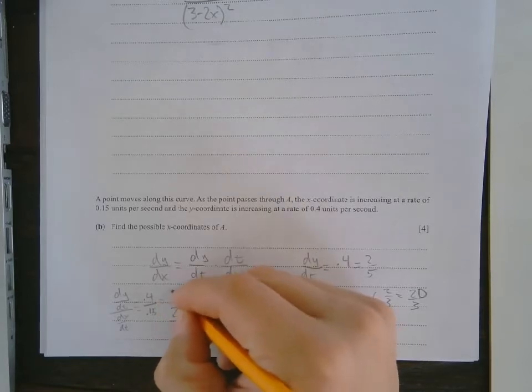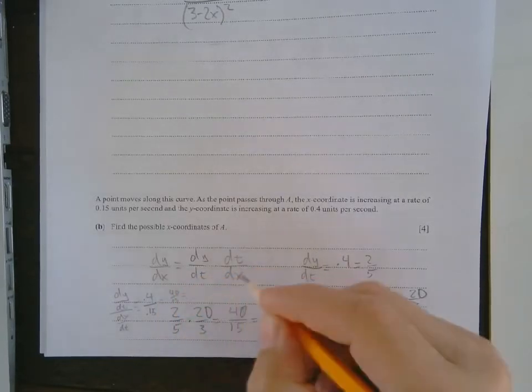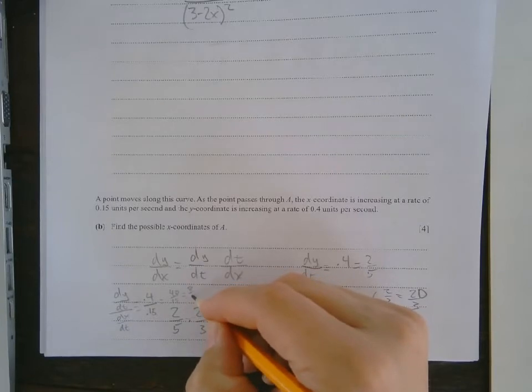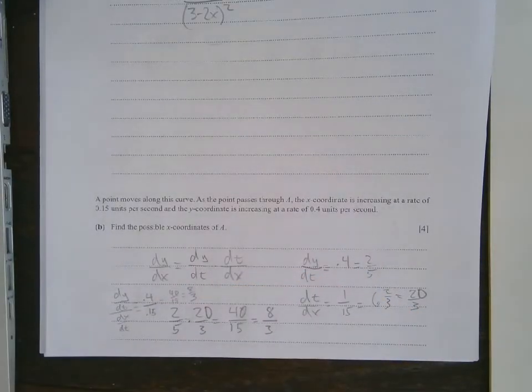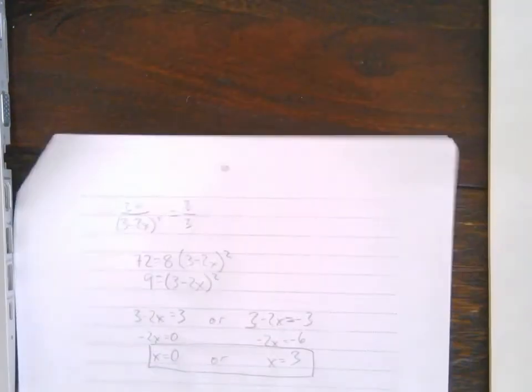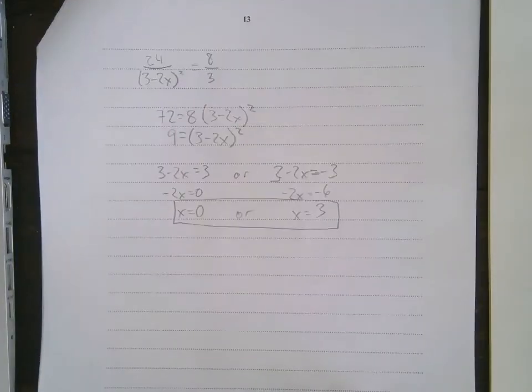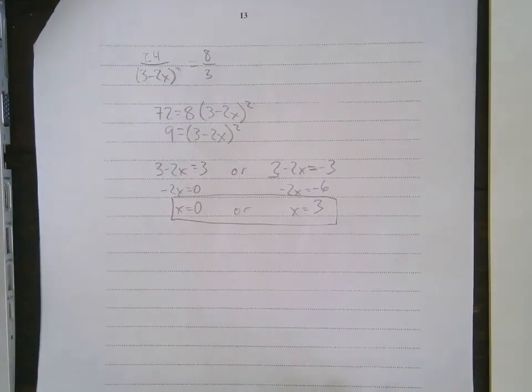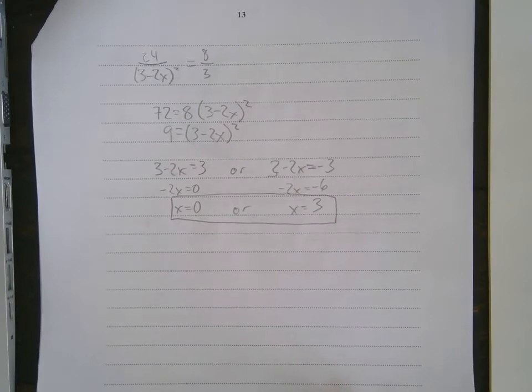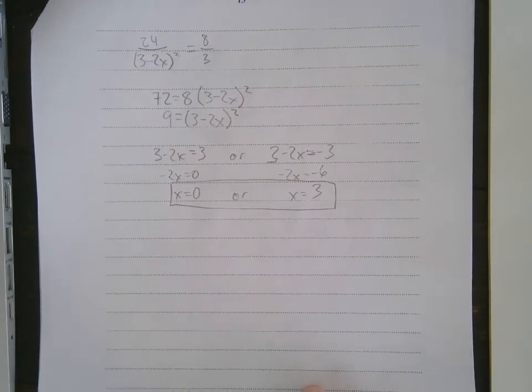Or 40 over 15, which is also going to equal 8 over 3. All right, and then it asks us to find the possible x-coordinates of A. So what we need to do is set that derivative equal to 8/3 and then solve it down.